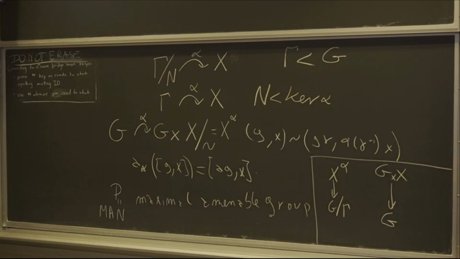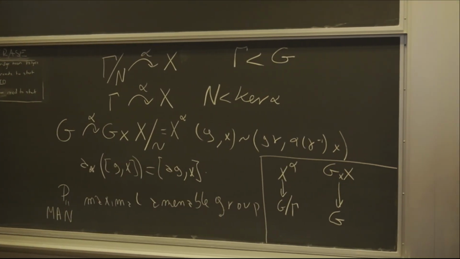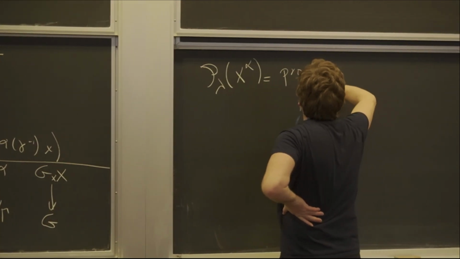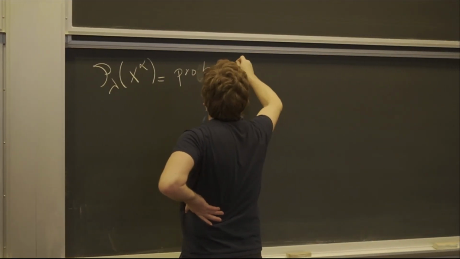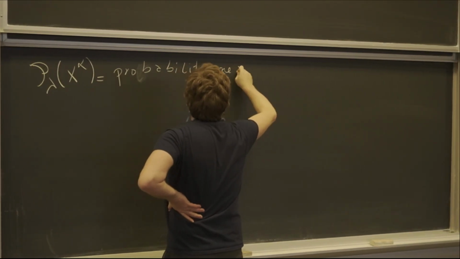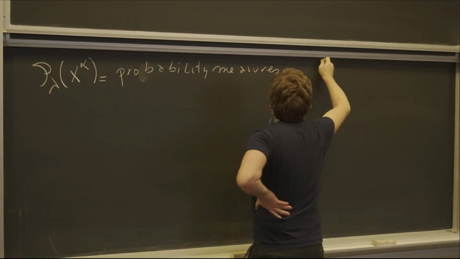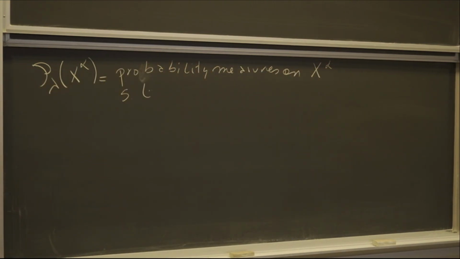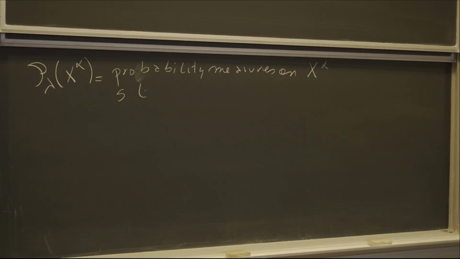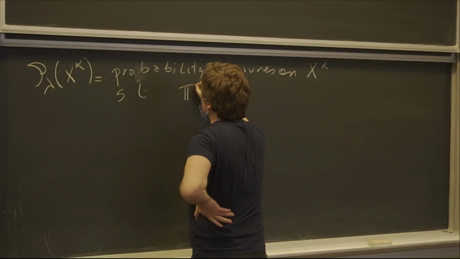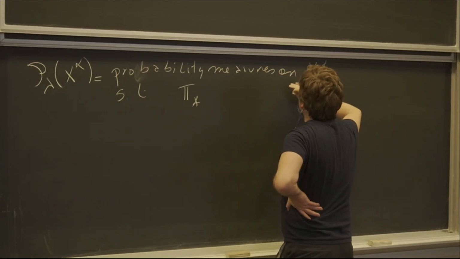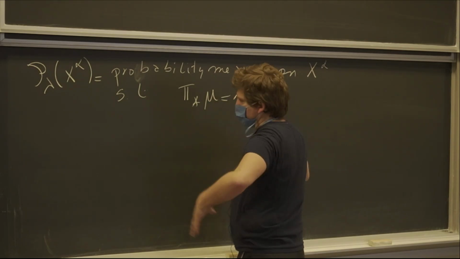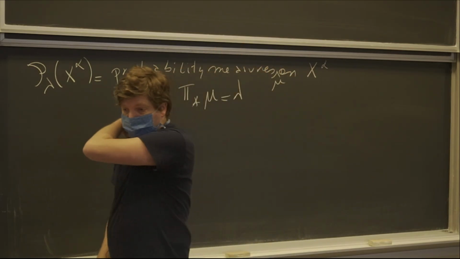So let's call P lambda X alpha the set of probability measures on X alpha, such that pi star mu equals lambda. So the ones that project to Haar measure.